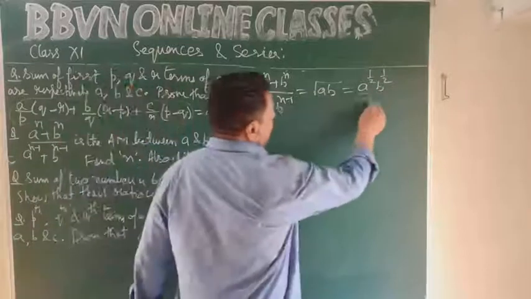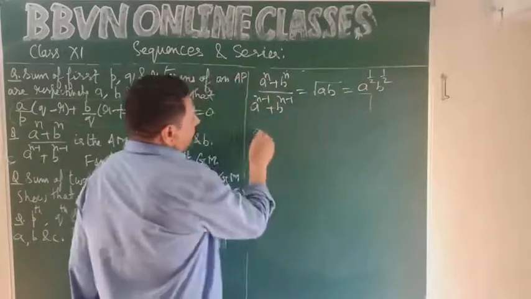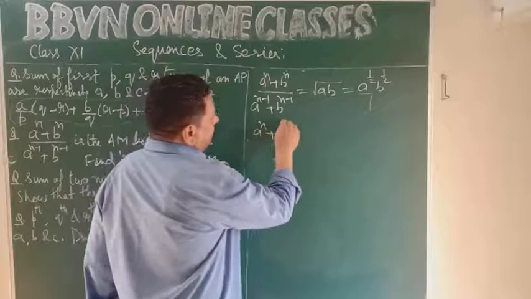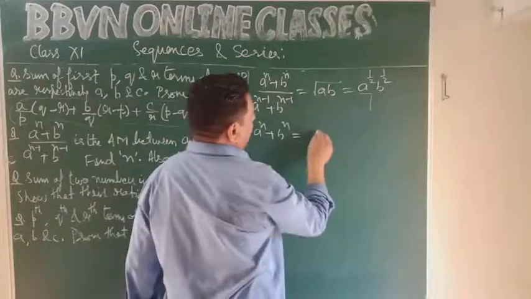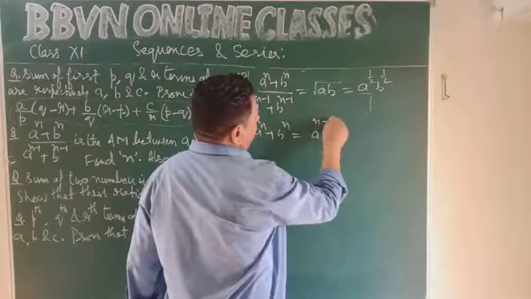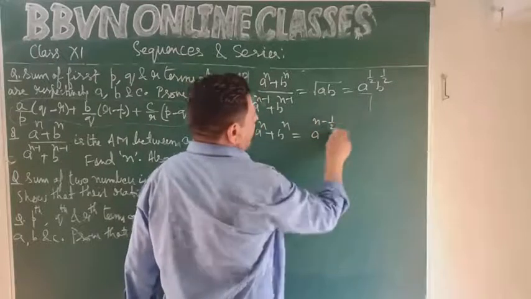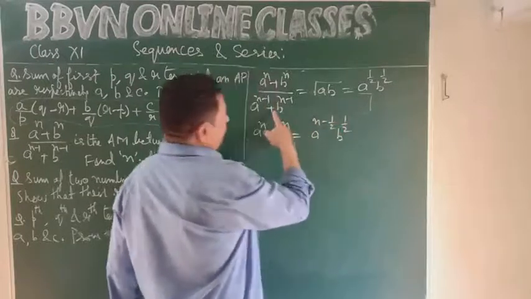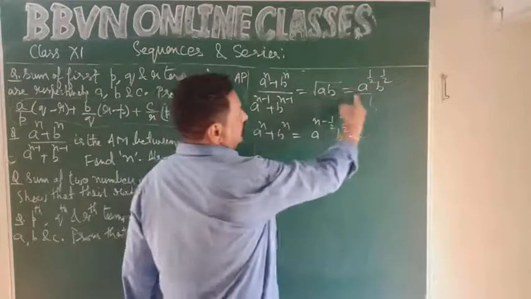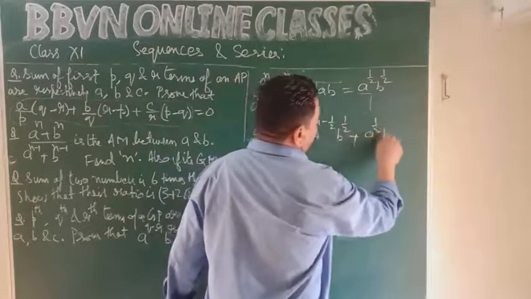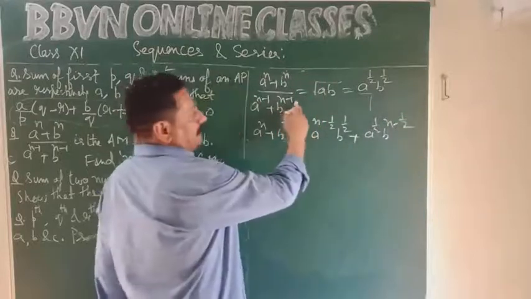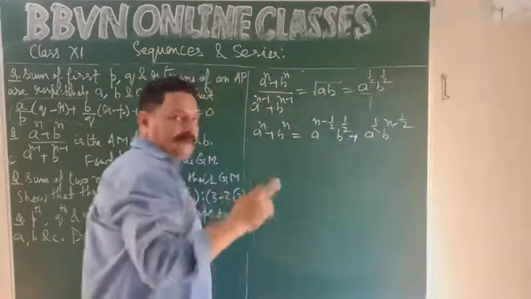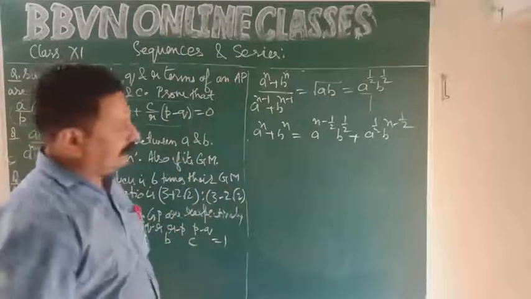Cross multiply. a power n plus b power n equal to a power n minus 1 into a power half becomes a power n minus half into b power half, plus this term a power half into b power n minus half. b power n minus 1 into b power 1 by 2, so n minus 1 plus half, n minus half.